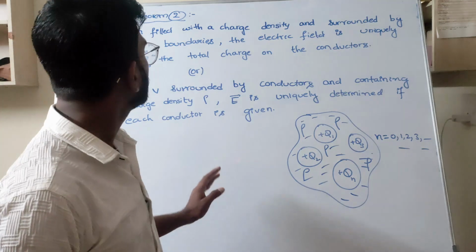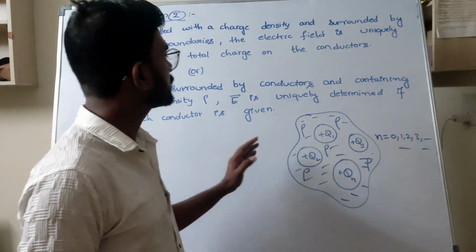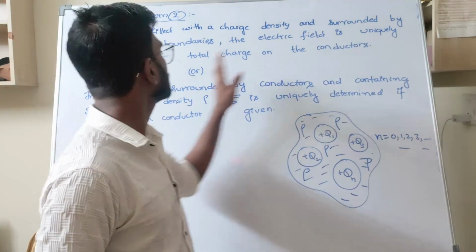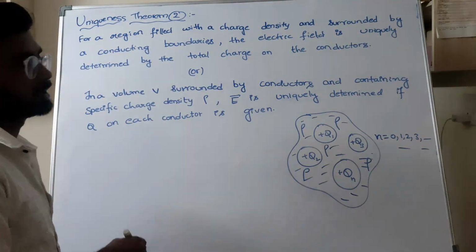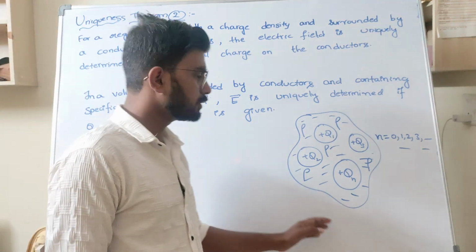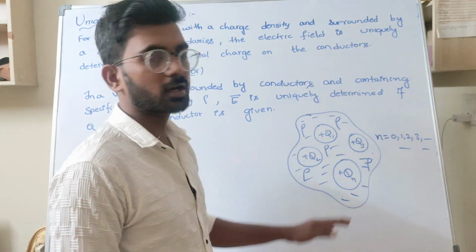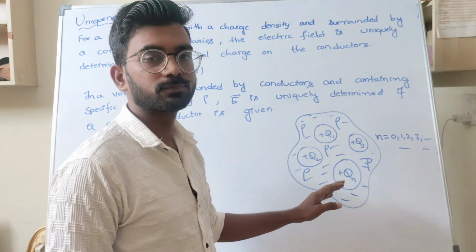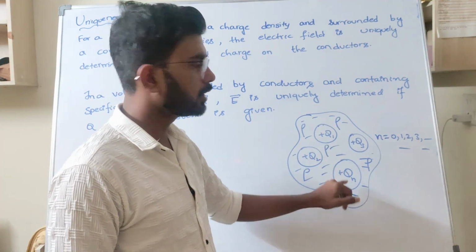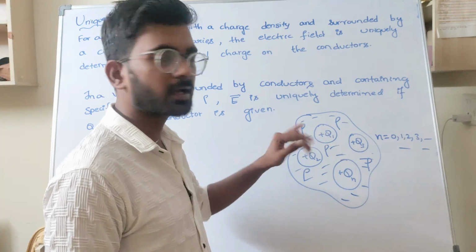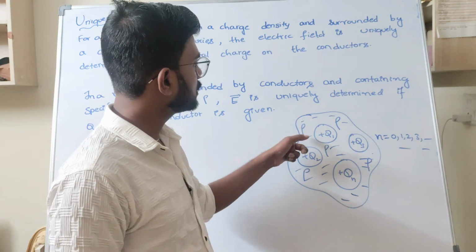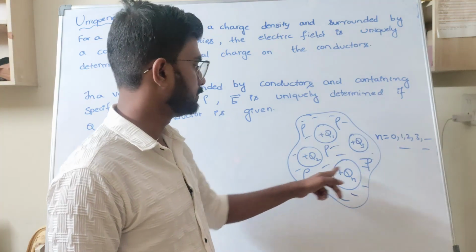Now let us discuss uniqueness theorem 2. Here we have the electric field. Electric field is uniquely determined. So now I took a bounded region. In that bounded region, I took some conductors, 1, 2, 3, and so on up to n.